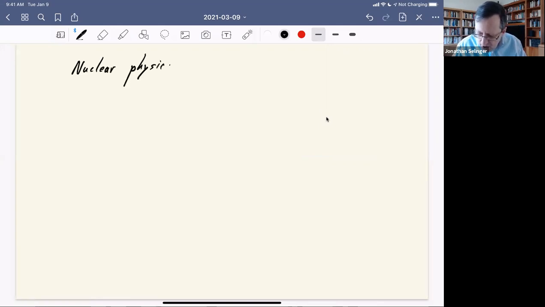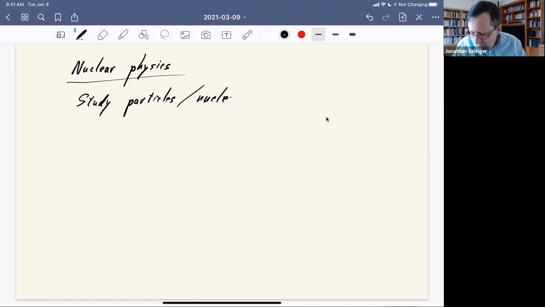In nuclear physics, people are often studying particles or nuclei that are unstable.